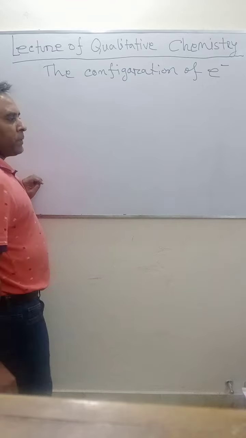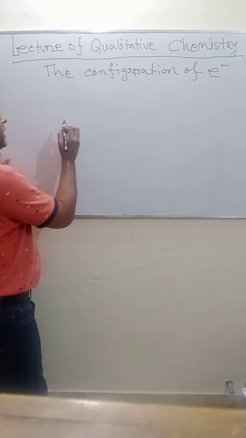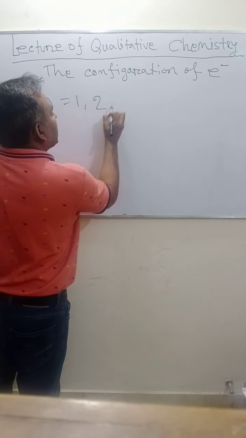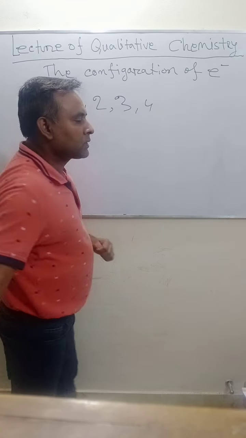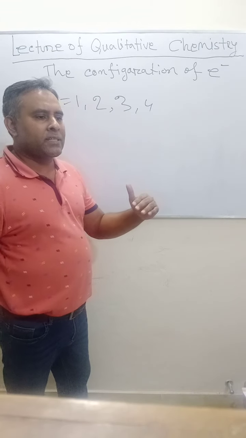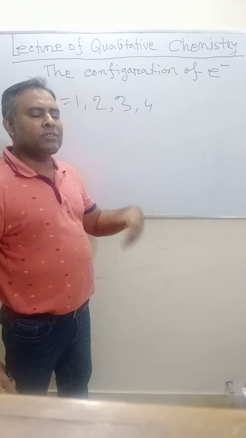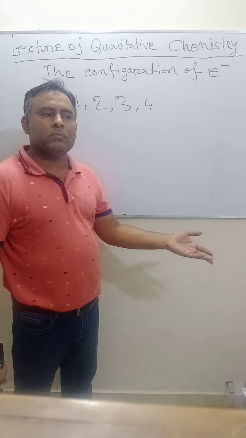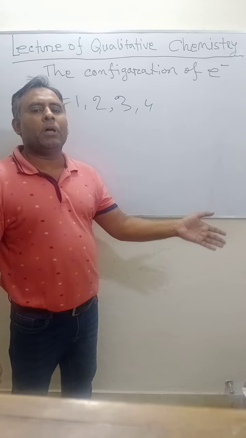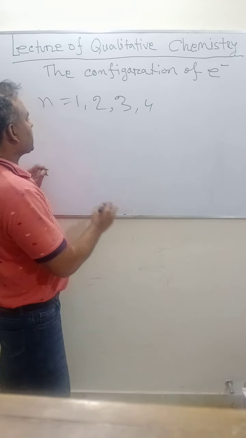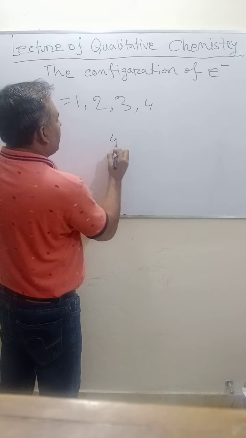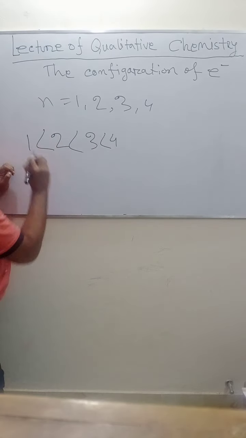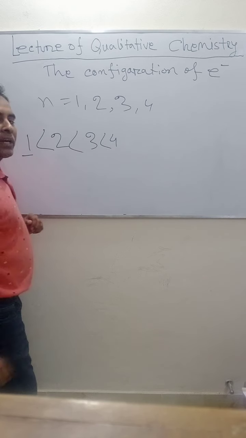Previously, you know that in an atom there are different shells, n equal to 1, 2, 3. Electrons enter into the different shells according to the energy level of the shell. That means 4, 3, 2, 1: this is the first shell of an atom.